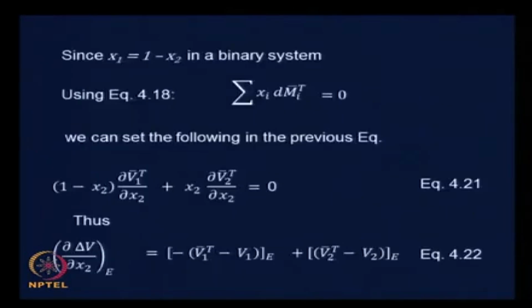And from equation 422 at the point E, the equation 422 was this, by transposing we can write this in terms of the derivative and this particular quantity.